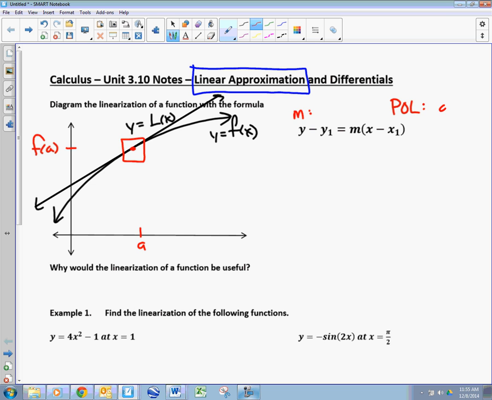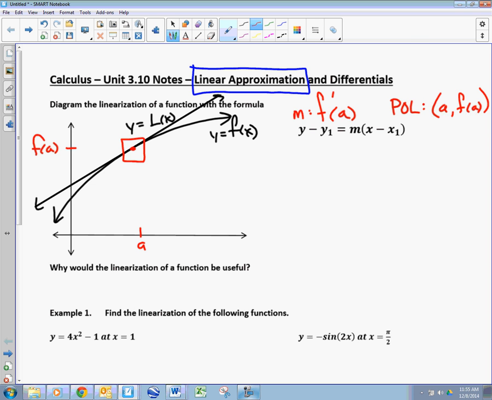A, f of A. M would be the slope. How do I find the slope at that point? The slope of L of x would be the derivative of f evaluated at point A, f prime of A.